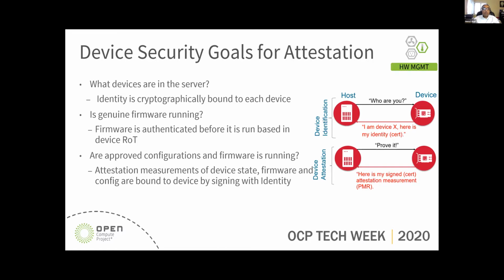Then, building on those two, when you have a device in the platform, it is currently in some configuration state.